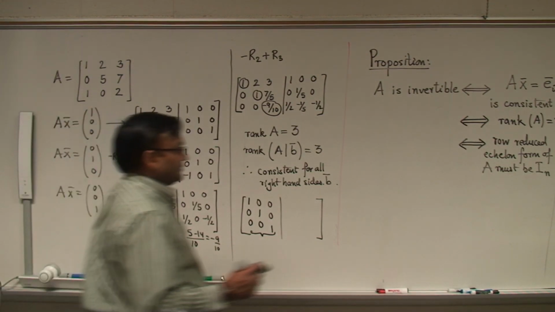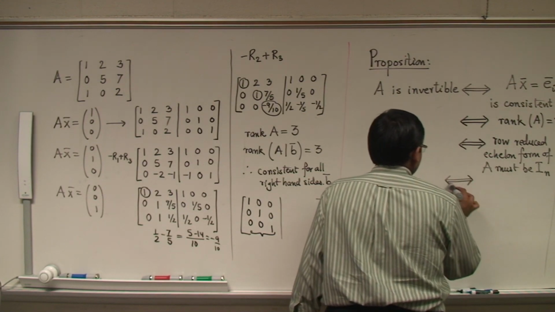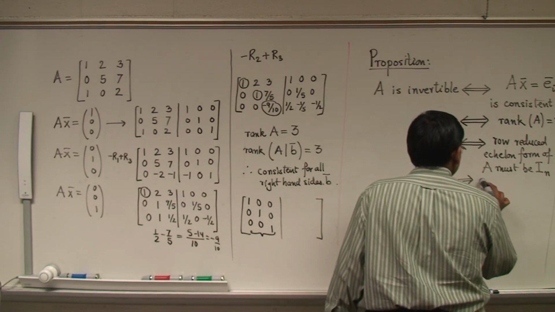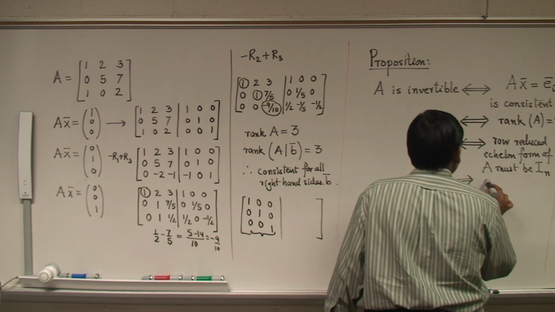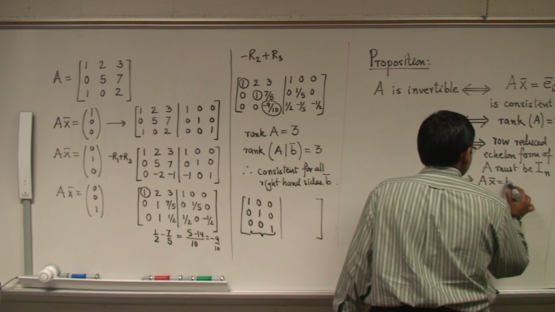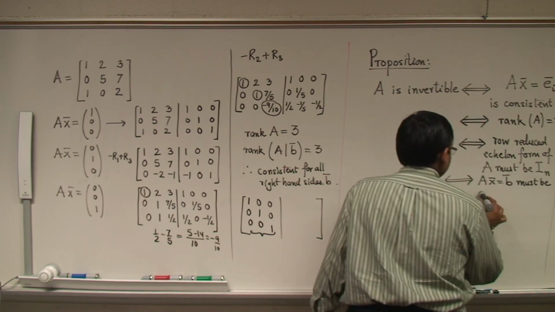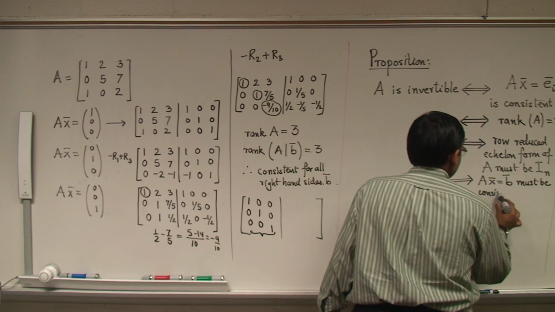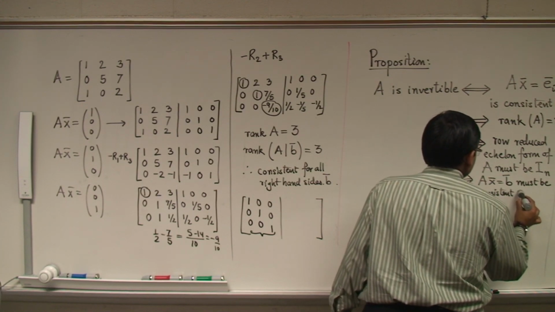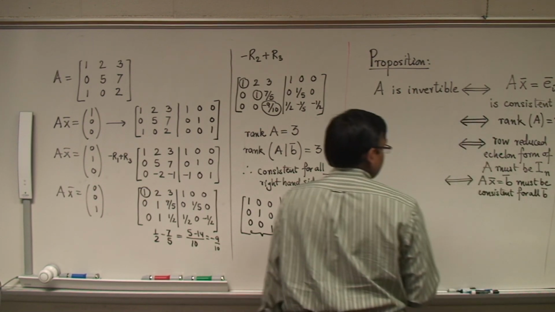So if that is the case, then can I not say that AX equal to B must be consistent for all right-hand sides B?